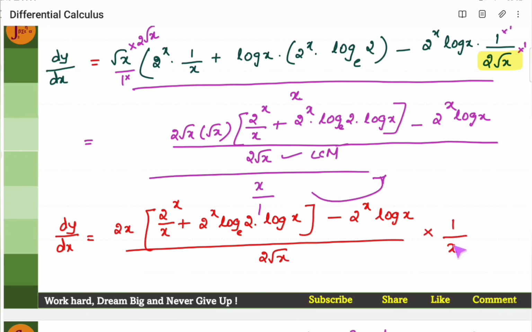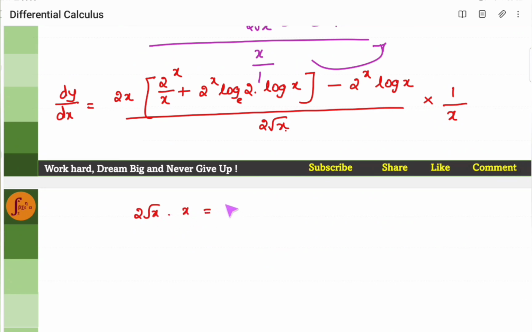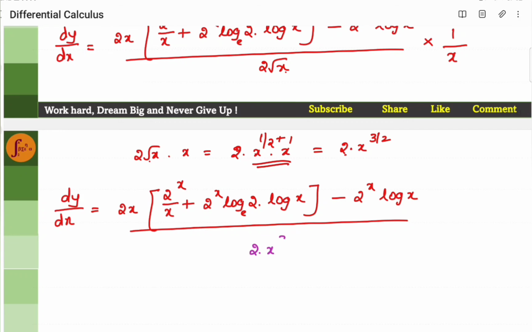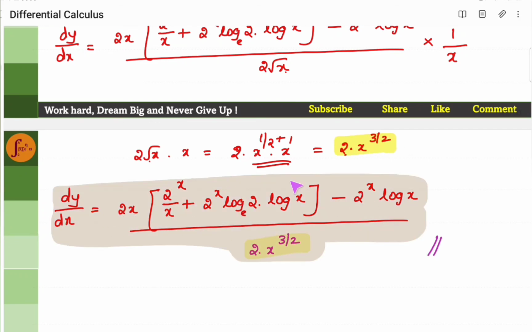It will become reciprocal. 2 root x into x, you can write it as 2 into x to the power half into x. Since the bases are same, that is x and x, there is no power here, I can assume it is 1. I can add the powers. So it will be half plus 1, which is 3 by 2. Now therefore, dy by dx, instead of 2 root x into x, I'll write 2 into x to the power 3 by 2. This one. So the derivative is this entire expression.